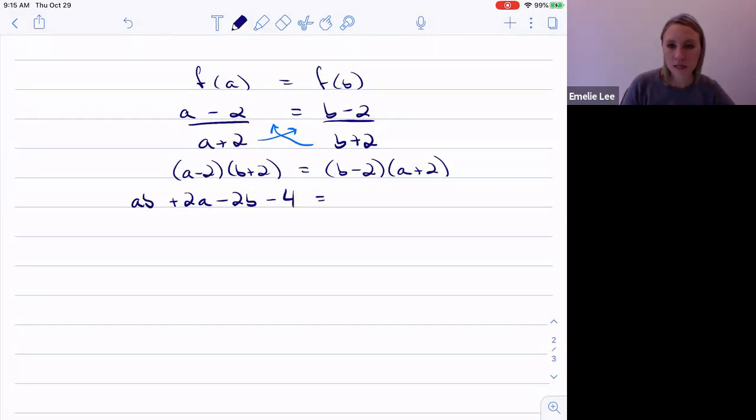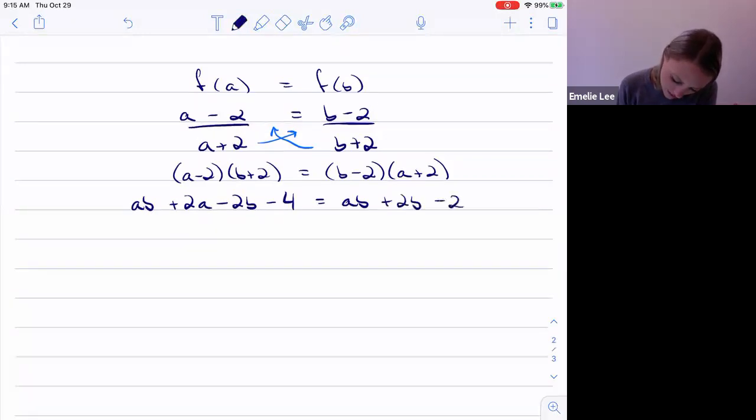And this is going to be equal to ab. Notice that I wrote it as ab. Here we would probably write b times a, but because I want to be able to cancel and see it quickly, I'm just going to write ab. Plus 2b minus 2a minus 4.